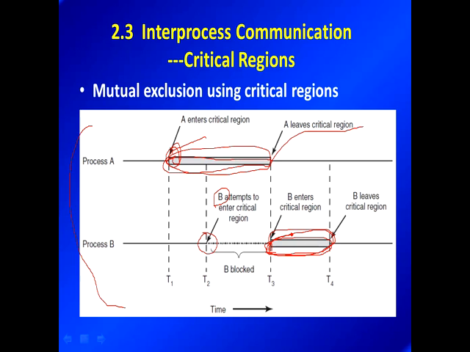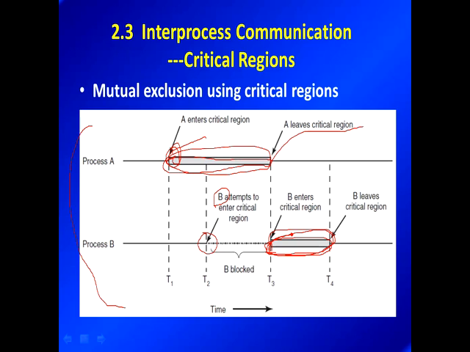So these are the basic correct ways to share data between two processes: forbidding one process from getting into its critical region while some other process is already in its critical region, already accessing this shared data or file.